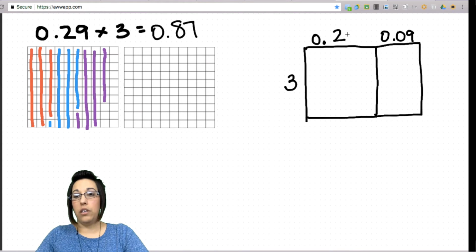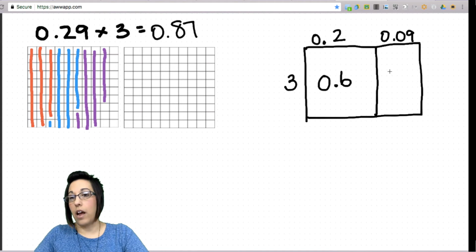So 3 times 2 is 6, but there's 1 decimal place, so that's going to be 6 tenths. 3 times 9 is 27, but I've got 2 decimal places, so I move it from the end 2 decimal places.